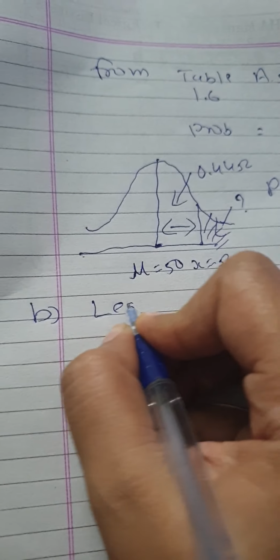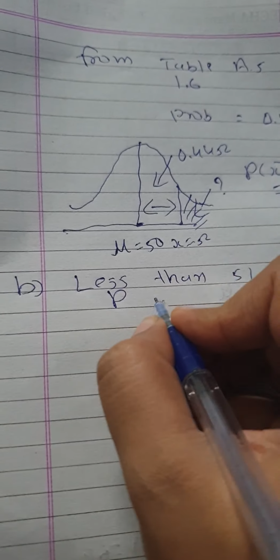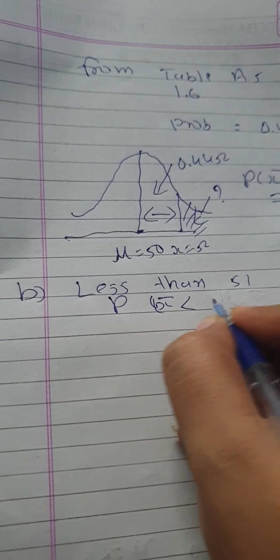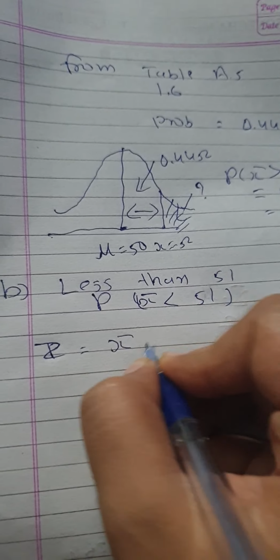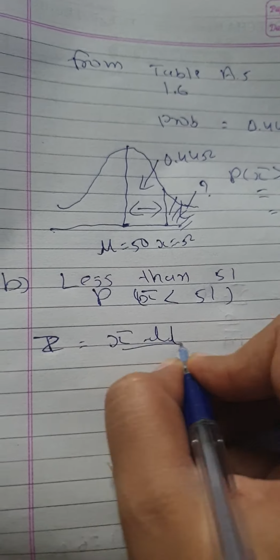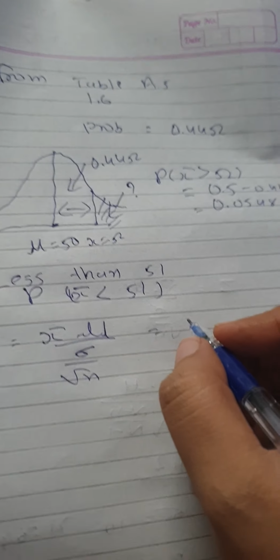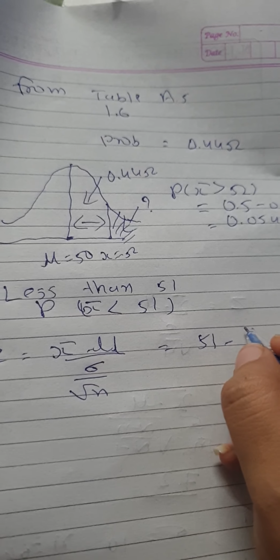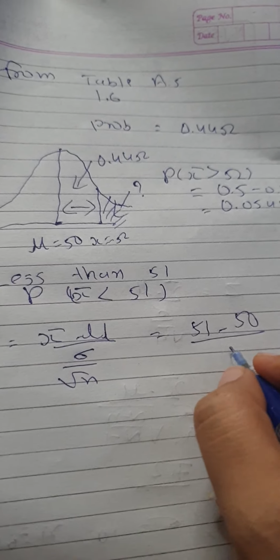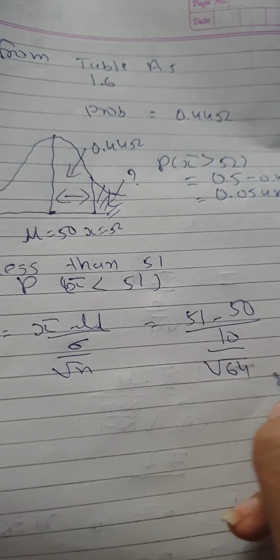Then second case, less than 51. So P of x bar less than 51. So Z equals x bar minus mu upon standard deviation root n. X bar 51 minus your mu is 50, standard deviation is 10 and 64.